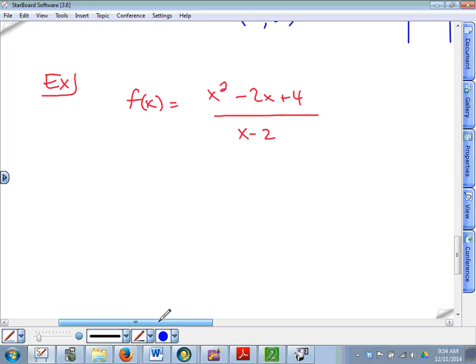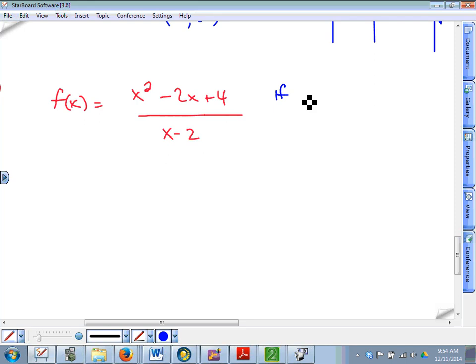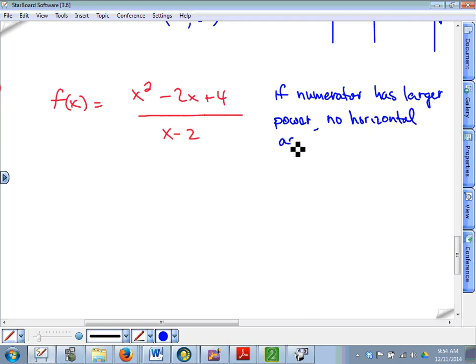Okay, here's where you need to write. If the numerator has a larger power, there's no horizontal asymptote. However, you might not have gotten into this last year in pre-calculus.